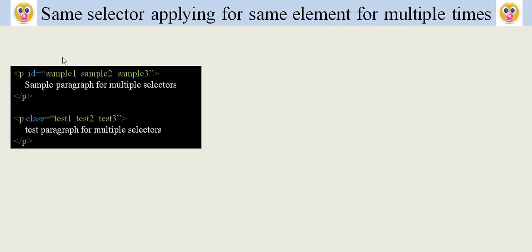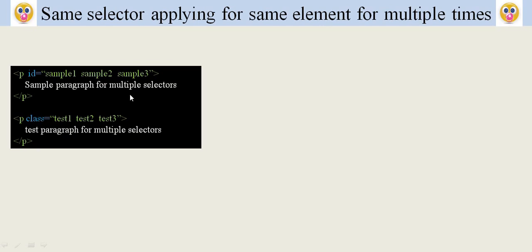And here we have created three class selectors. Within the class attribute we have given three names separated by spaces. If you give spaces between keywords within a class attribute or ID attribute, it considers that we have created that many selectors. Here I have used three references, test1, test2 and test3, to create three class selectors in our CSS file.